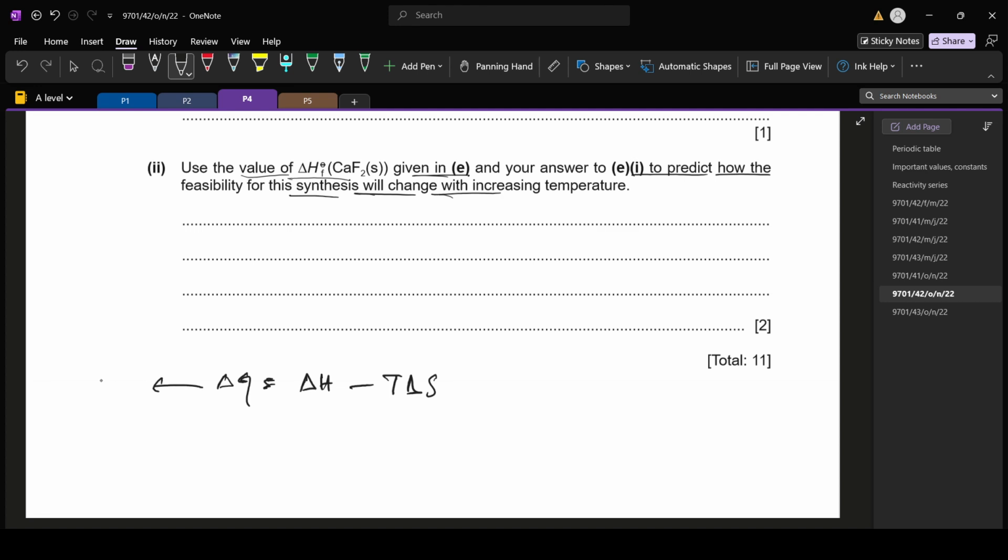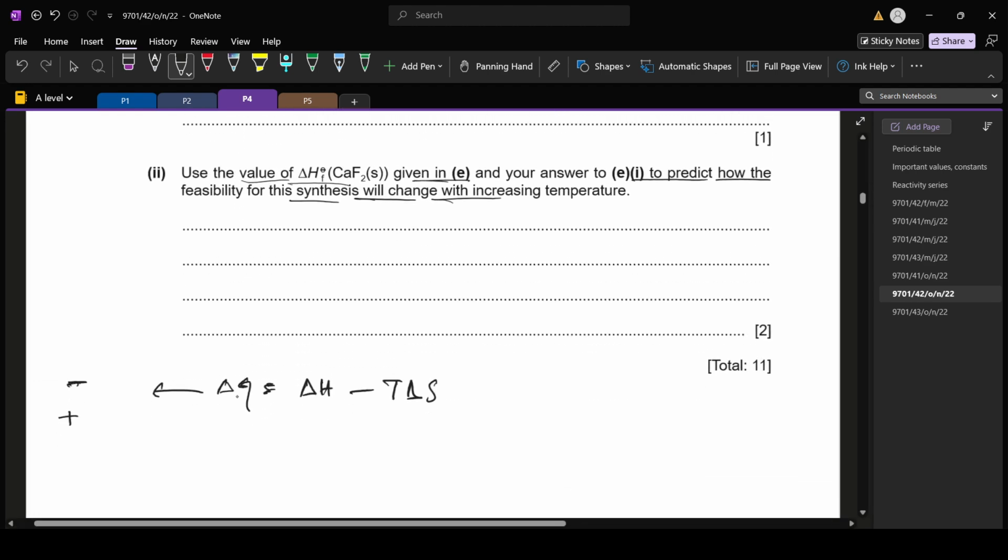When this Gibbs free energy is negative, the reaction is feasible, and when this becomes positive, the reaction becomes less feasible. So we will see whether increasing the pressure makes the Gibbs free energy more negative or less negative.